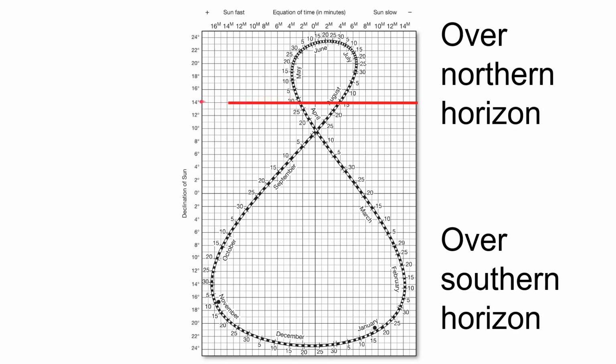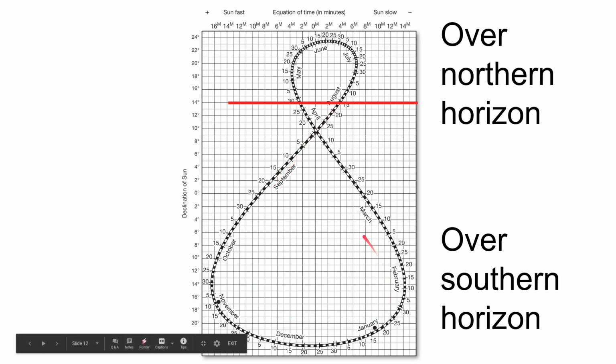If you were at 14 degrees north, from May through June, through July, through August 15th, you would have to look north to see the sun. The rest of the year, the sun would be over the southern horizon. So August, September, October, December, January, February, March, up to April, you'd have to look south.